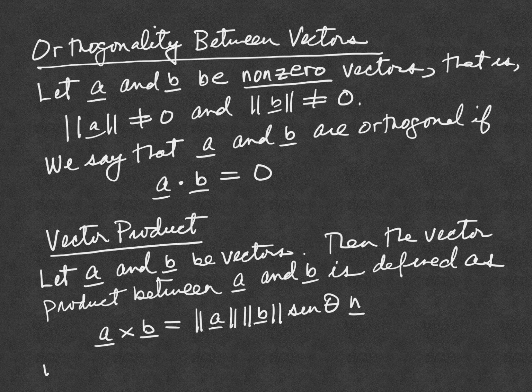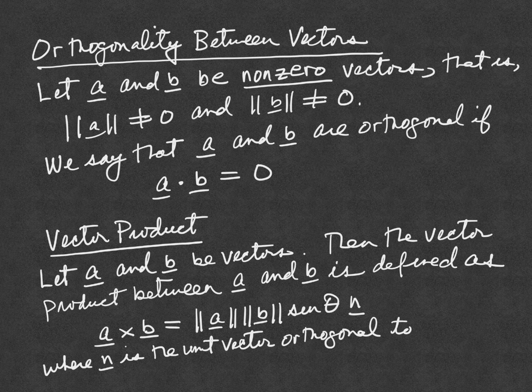So let's say where n is the unit vector orthogonal to both A and B in a right-handed sense.